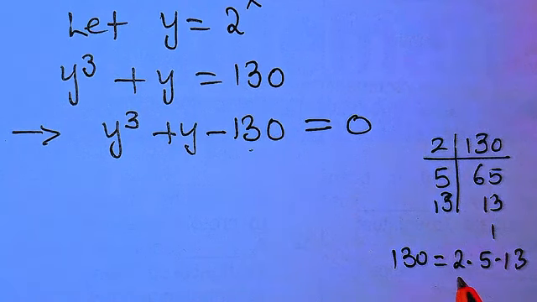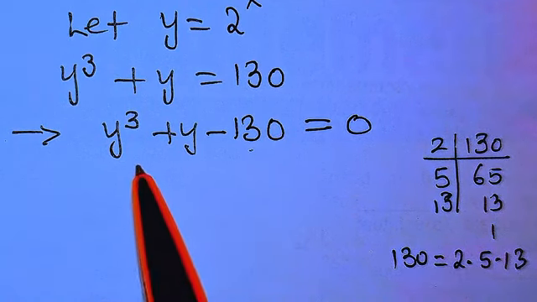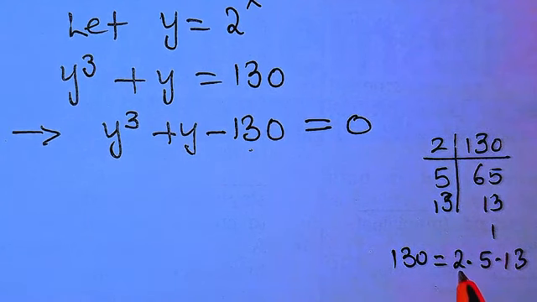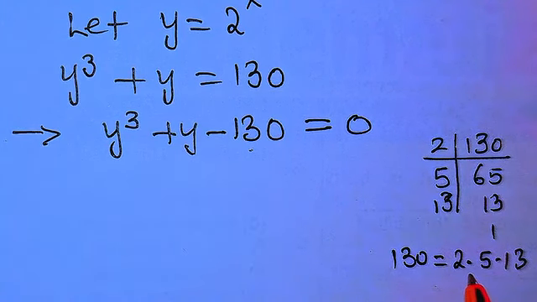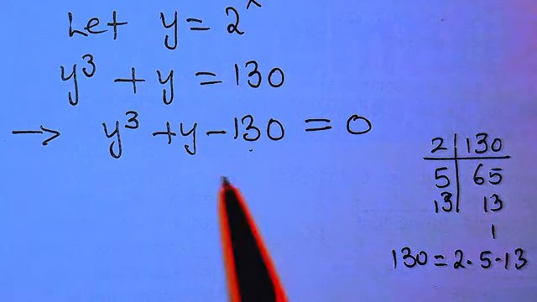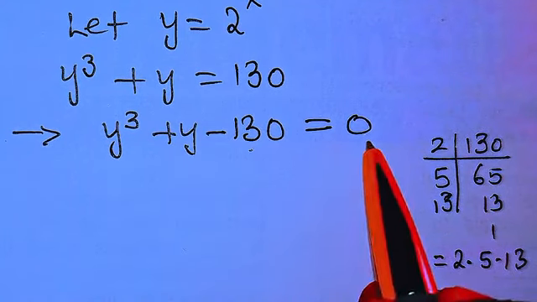So if I pick 2 here, 2 raised to the power 3 will give me 8 plus 2, so it cannot give me 0.